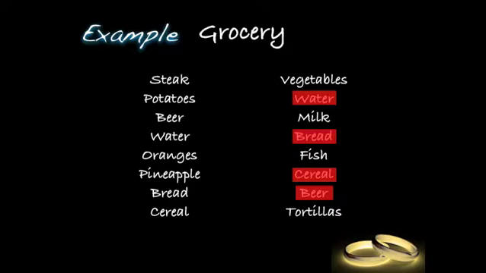The items in red are in the intersection. However, the true union has 12 outcomes, or 12 items, 12 groceries: steak, potatoes, beer, water, oranges, pineapple, bread, cereal, vegetables, milk, fish, and tortillas.